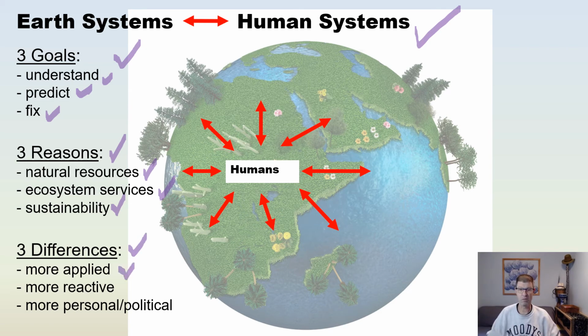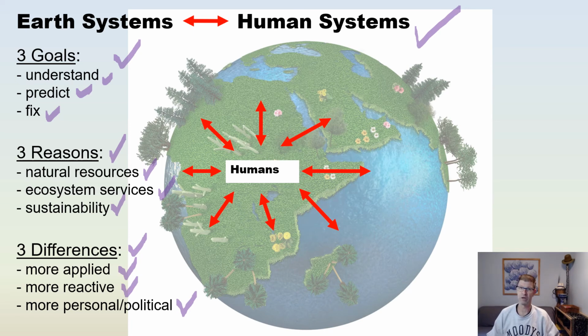And then 3 differences between environmental science and other types of sciences. It's generally more applied. It's generally more reactive. In other words, oh, here's a problem, we need to do something about it. That's reactive, not proactive. And it is very often more personal and more political than other sciences. We have a lot of arguments about environmental science and what should be considered important and how we should apply policies to try to control human behaviors that might be interacting with the environment in ways that we're not too happy about.